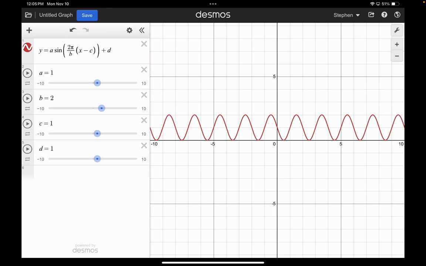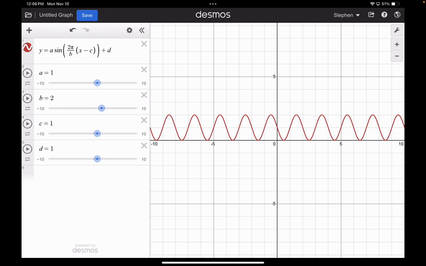2 is the period. What happens with c? What happens if I move my slider for c, Sophia, to the right? To the left or right? If I move the C slider to the right, making it bigger? It would have been opposite if I had left it x plus c.